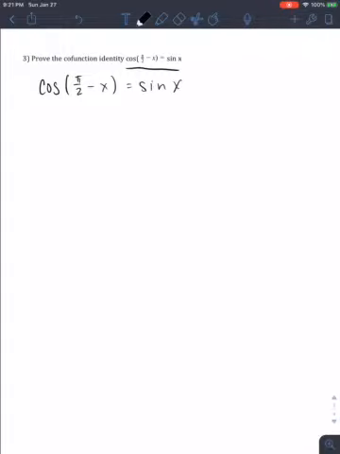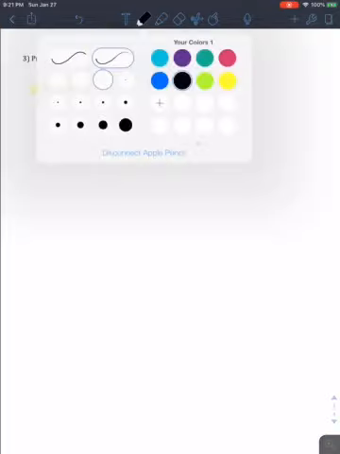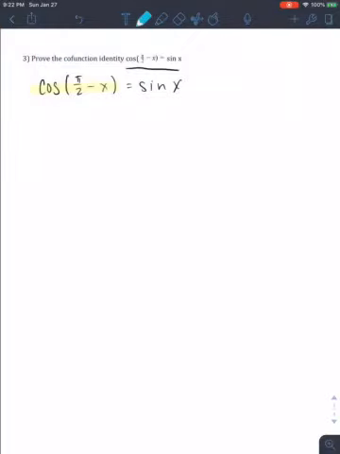Okay, so you remember, start with the more complicated side. So we're going to start with this side, and we're going to try and make the cosine of pi over 2 minus x look like sine of x. I can see that my input is being subtracted, so we're going to make this our a and our b.